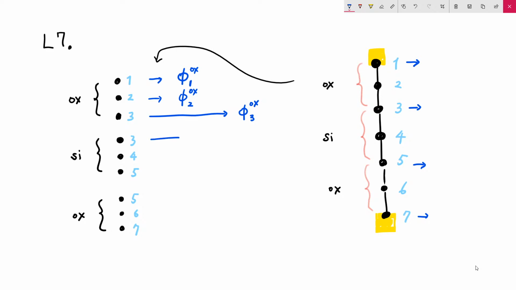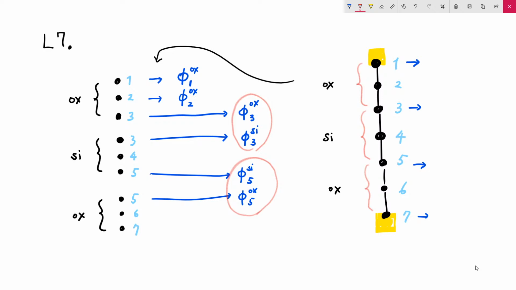Please have a look at this one. In this case, we can think that silicon region and vertex number 3. That's the point here. So we can define silicon region at vertex number 5 and oxide region and vertex number 5. I think that's the point.